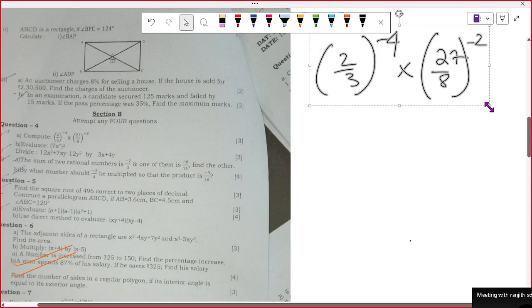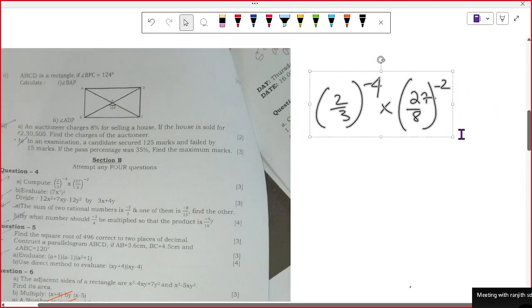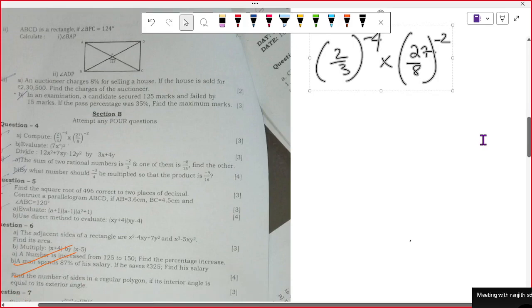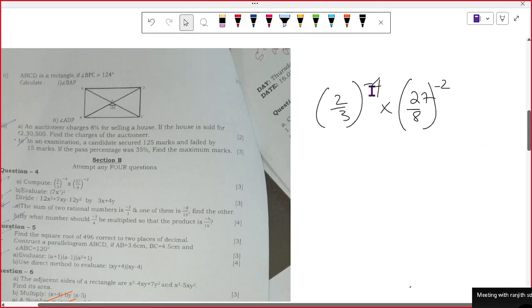Okay, Tanishka should answer this. Okay, sir. All of you will try.